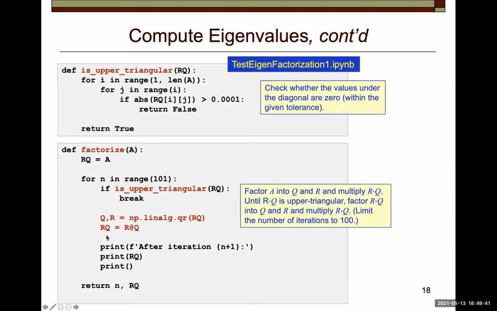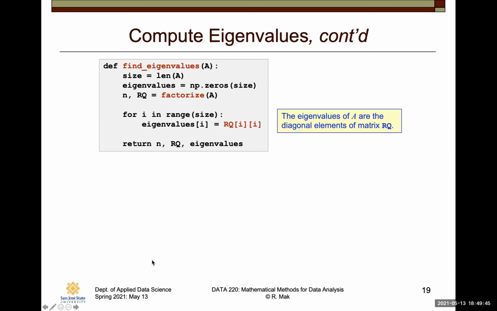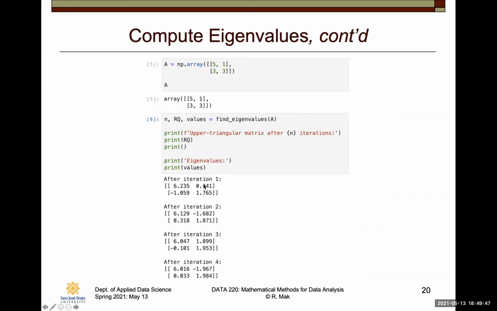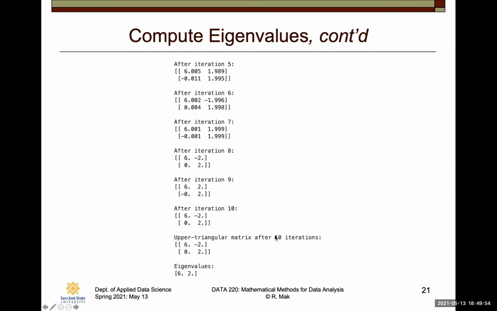Oh yeah, my factorize function prints out all the iterations. So you can see that RQ is not upper triangular until we get into the later iterations. Finally we do manage to get RQ upper triangular, and therefore the eigenvalues are 6 and 2.